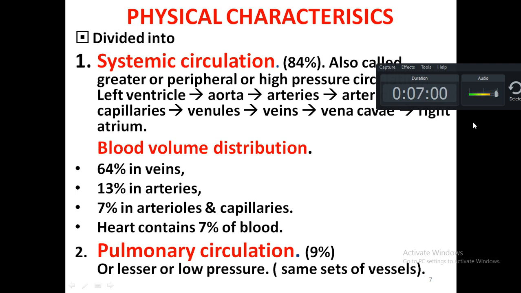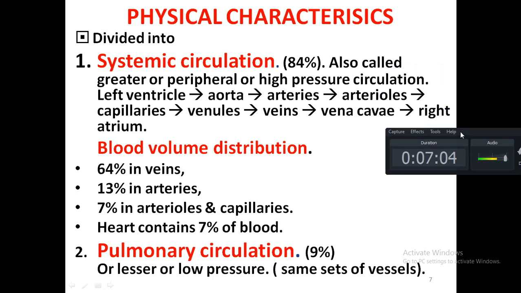Now, physical characteristics. Broadly speaking, the circulation is divided into two parts. One is known as the systemic circulation, which contains about 84% of the total blood, and this circulation is also called the greater circulation, the peripheral circulation, or high pressure circulation.